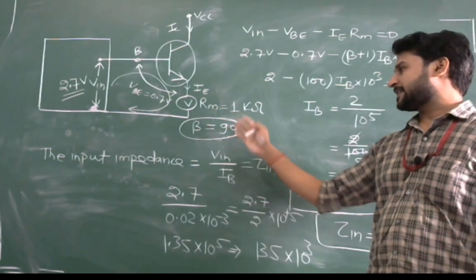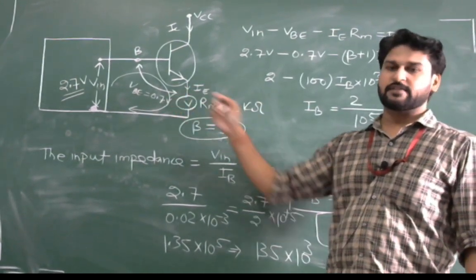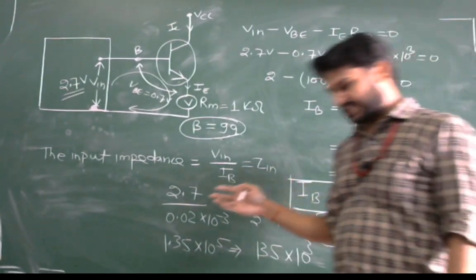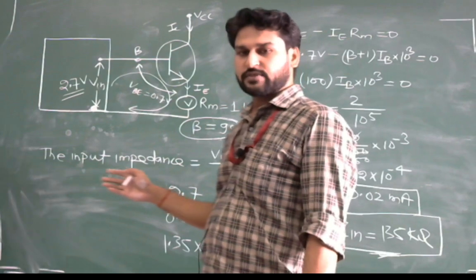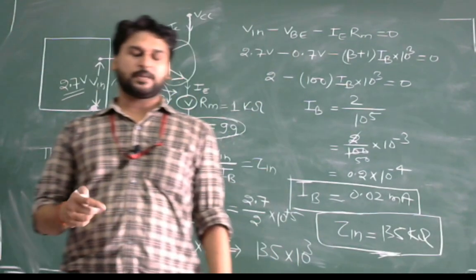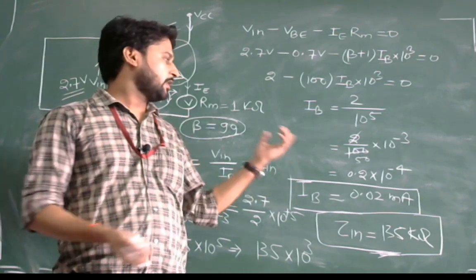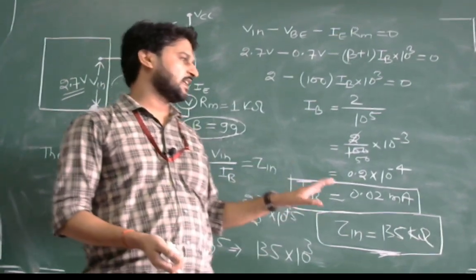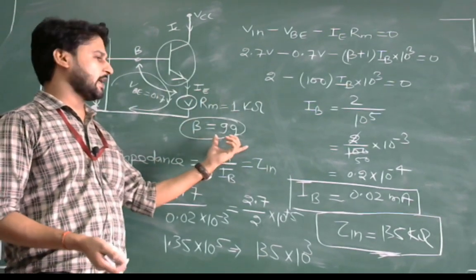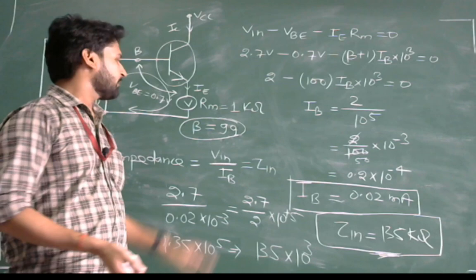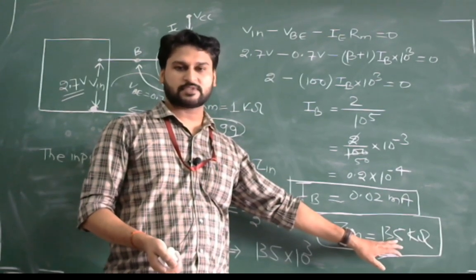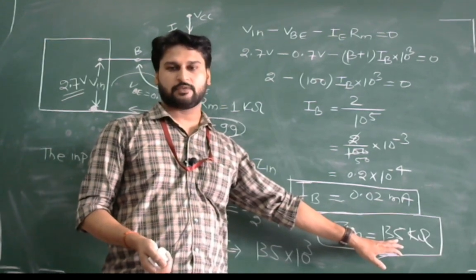because this resistance will appear in parallel in the circuit in which we are going to measure the potential. So for using the voltmeter in a very high impedance circuit, the input impedance of the voltmeter should be very high, and we have seen that after using the transistor with a current gain of 99, the input impedance of the voltmeter has been increased to 135 times its original value.